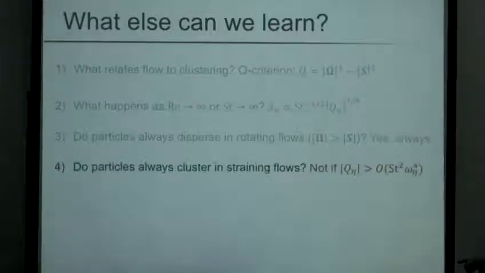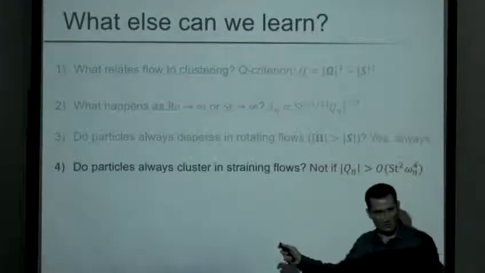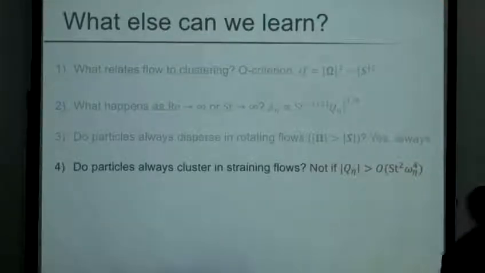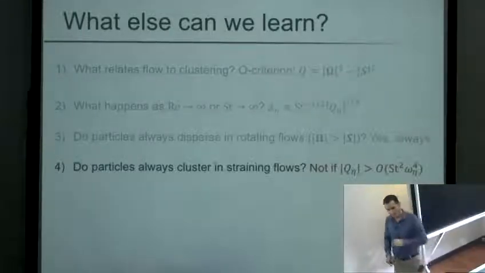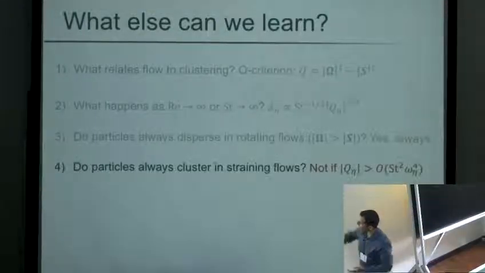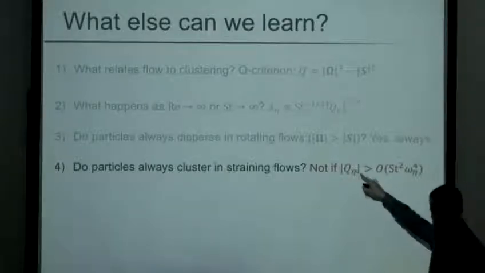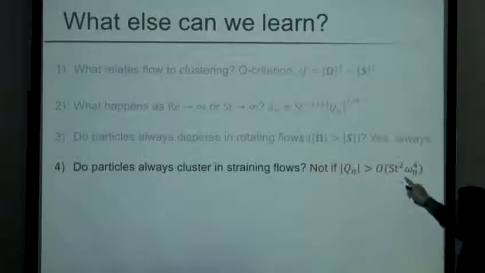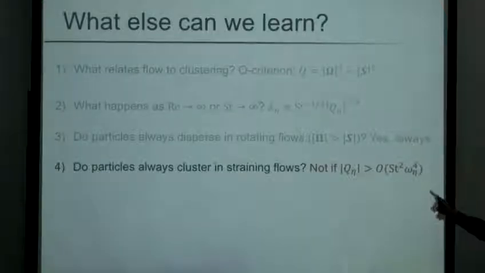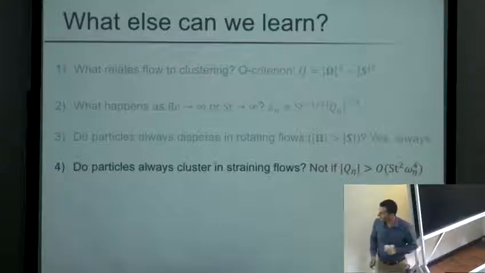You may ask the same question about a straining flow. Do particles always cluster in a straining flow? And the answer is apparently not. If the Reynolds number, let's say, is large enough such that it gives you a Q criterion that is going to be larger than basically the frequency of those oscillations multiplied by your Stokes number.